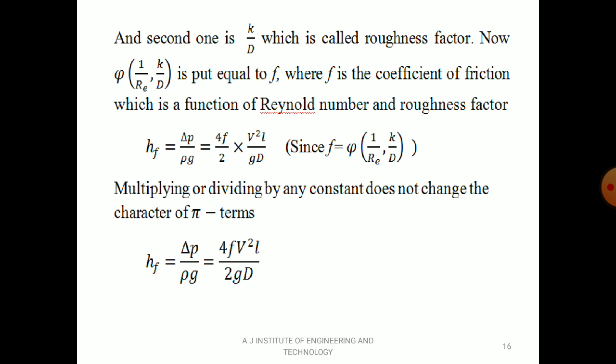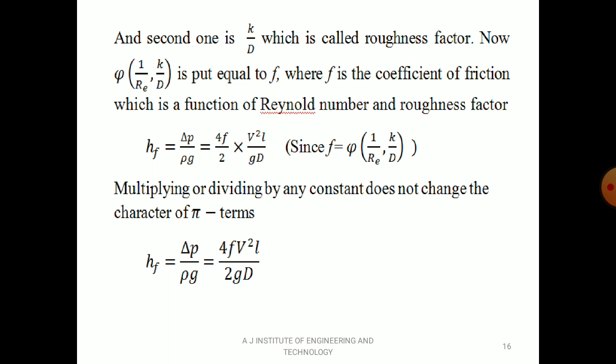So HF equal to delta P by rho G, that is equal to, in place of phi of 1 by Re comma K by D, we are taking it as 4F by 2, into V square L divided by GD, since F is a function of 1 by Re comma K by D. You know, for dimensionless terms you can multiply and divide by any constant; that is not going to alter the value.